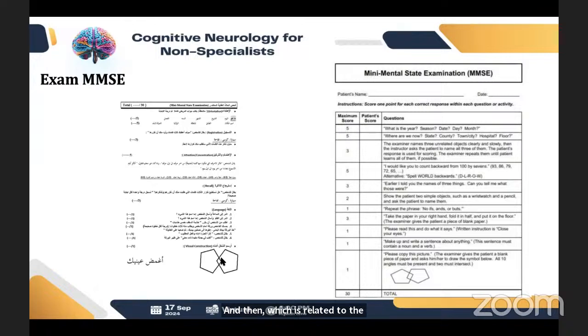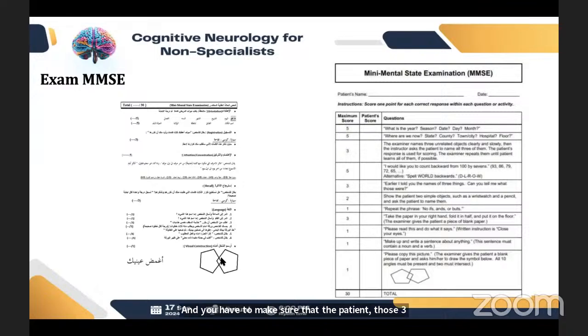Then you will ask them where they are: the region, the country, the city, the hospital name, and their location in terms of which floor or clinic. After that, the examiner will ask the patient to repeat 3 things after him or her, and you have to make sure that the patient repeated those 3 items correctly.